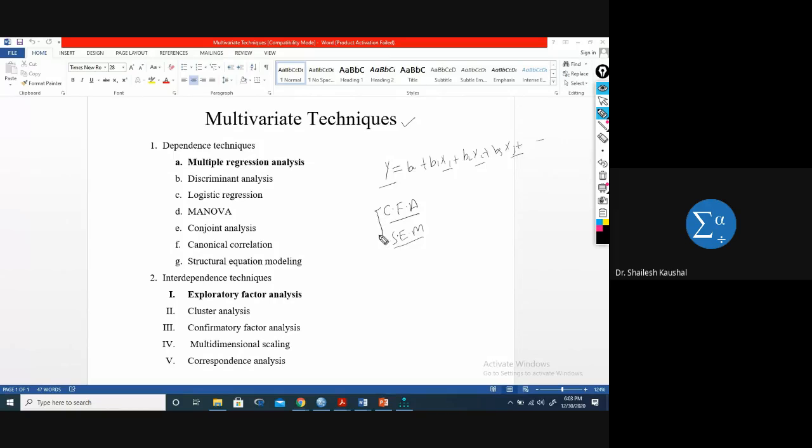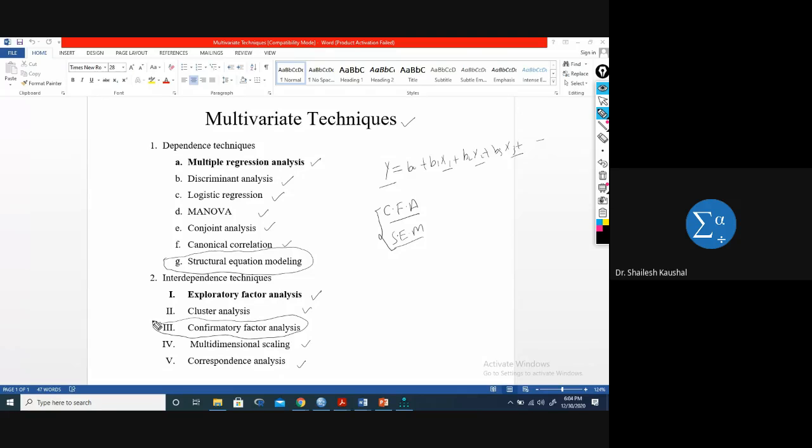How are these two techniques different from other multivariate techniques like multiple regression analysis, discriminant, logistic, MANOVA, conjoint, canonical, and in interdependence, the exploratory, cluster, multidimensional, correspondence?